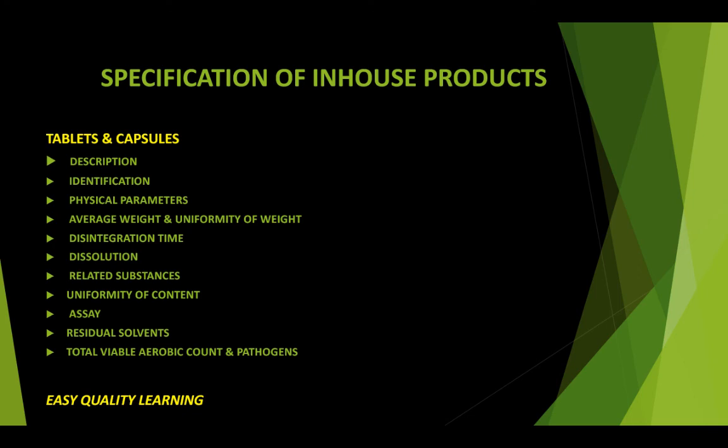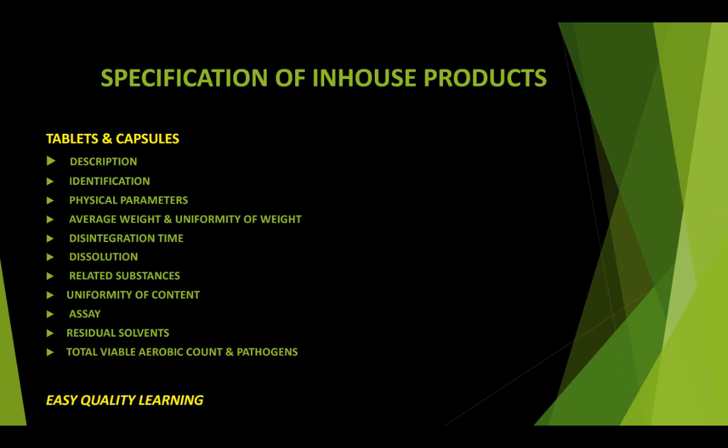Now we are taking some specific dosage forms. So what are the general tests which generally appear in the specification? If we consider tablets and capsules, generally what are the tests which need to be done? They are description, identification, physical parameters. In physical parameters you can have length, width, diameter depending on the dosage form.